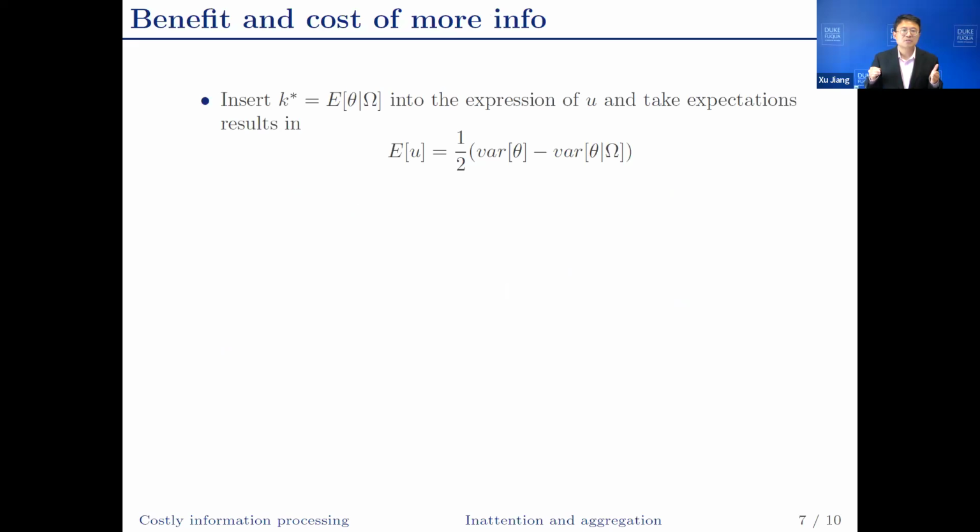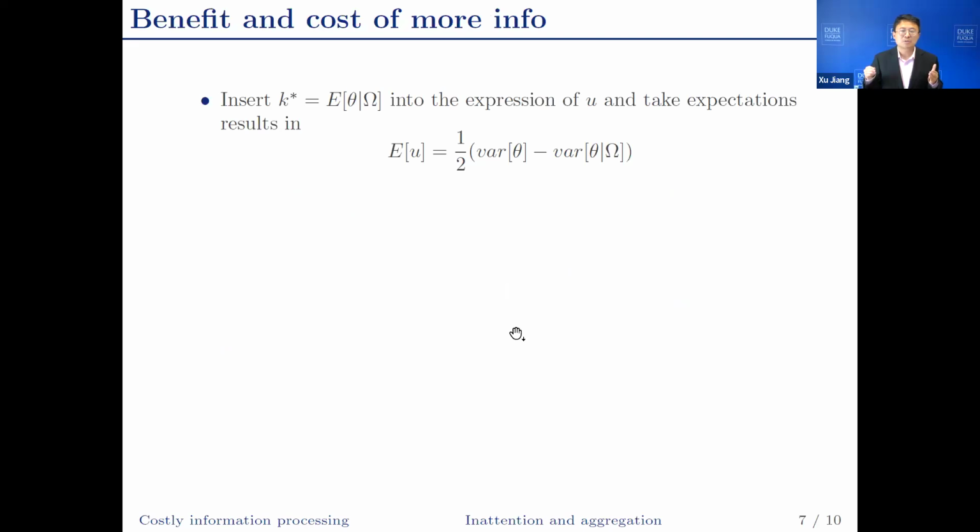Because this is a single investor decision-making setting, the expected utility is very nicely written as proportional to the difference between the ex-ante or prior variance of theta and the ex-post variance of theta, conditional on the investor's information set.